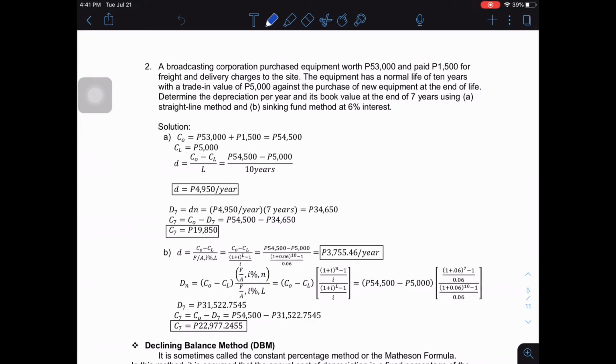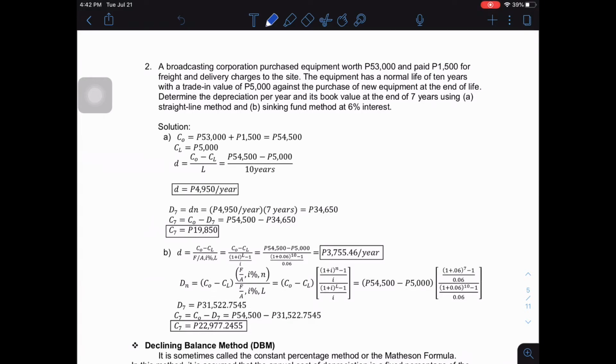Determine the depreciation per year and its book value at the end of 7 years using straight line method and sinking fund at an interest rate of 6%. So for the original cost, we have 54,500 in total. Salvage value is 5,000. So the depreciation using the straight line method would be 4,950 pesos per year.